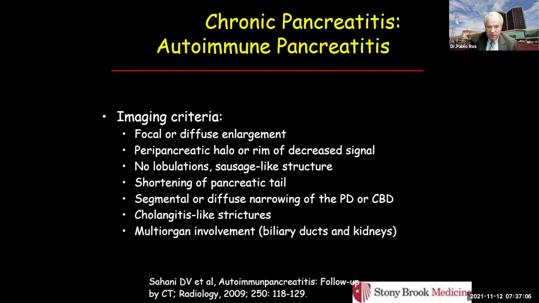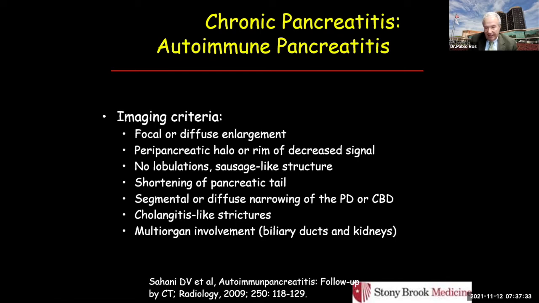The pancreas with this peripancreatic halo becomes like a little sausage, losing the classic acinar lobulations, and it's the sausage sign of pancreas, of autoimmune pancreatitis. The pancreas not only becomes sausage-like, but also shortens, and can have segmental or diffuse narrowing of either or both the main pancreatic duct and the common bile duct.